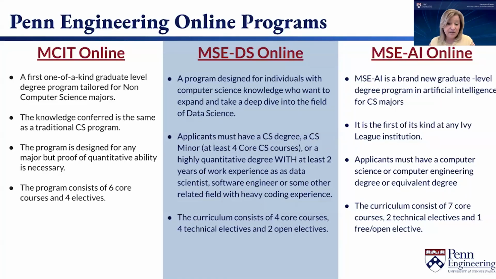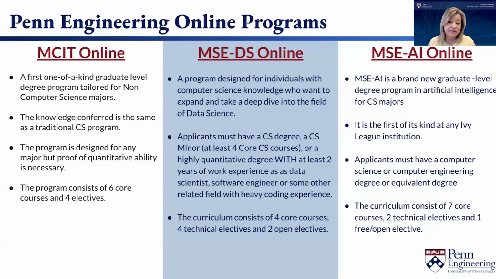Now, our MSc-DS online program is designed for individuals who are in the technology field. They do have some sort of computer science background. So they either have a computer science undergraduate major, or they have at least 4 computer science courses, such as a minor in computer science or 4 good computer science based courses.